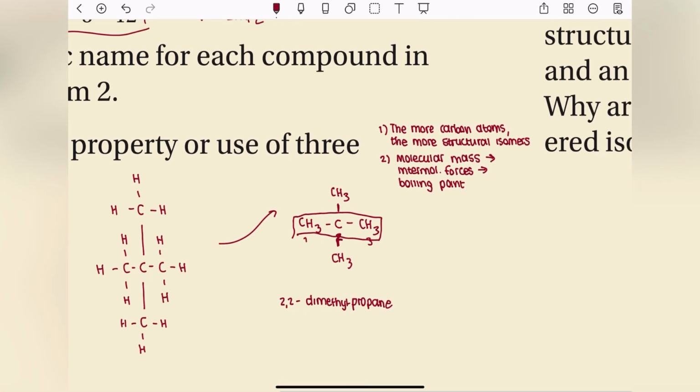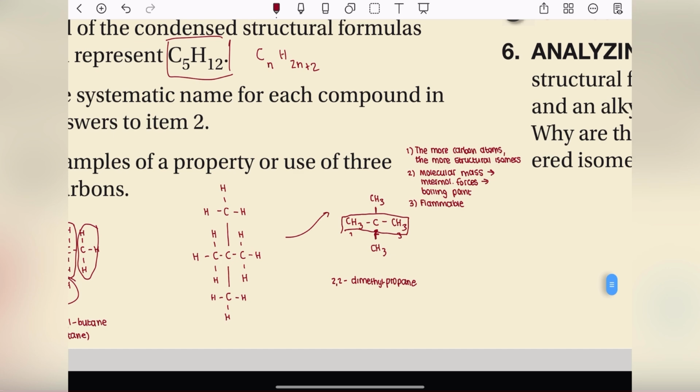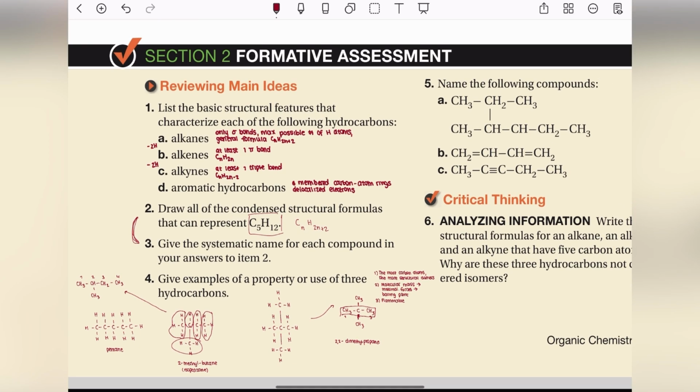And the final property of almost all hydrocarbons is that most of them are flammable. Just like ethyne, which is used in oxyacetylene torches and can heat up to over 3,000 degrees Celsius.